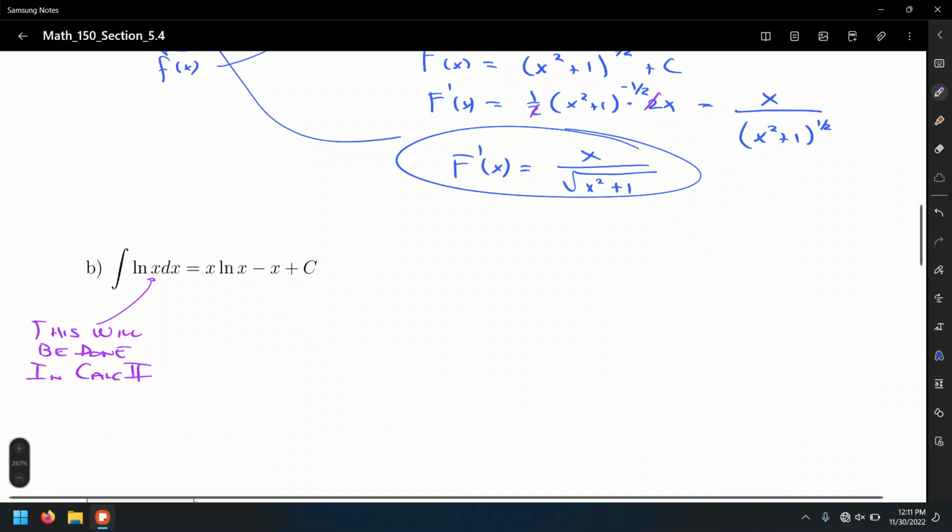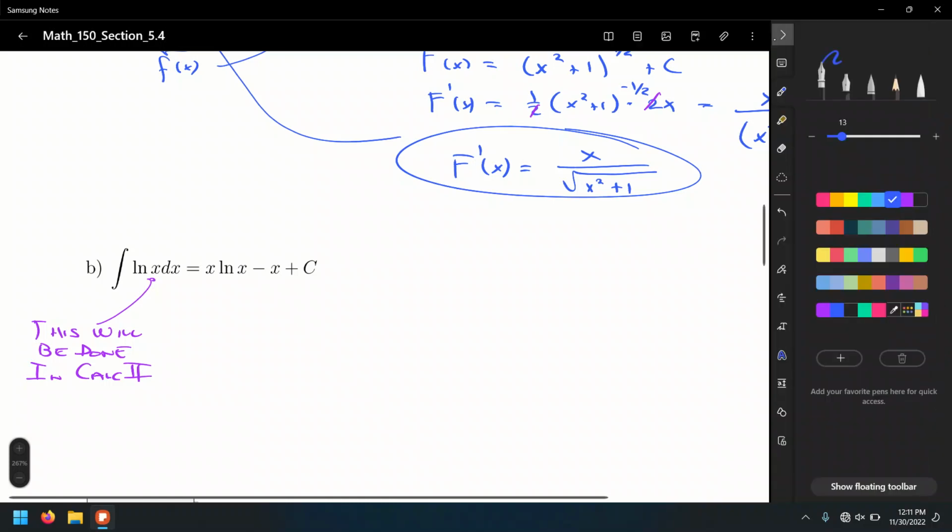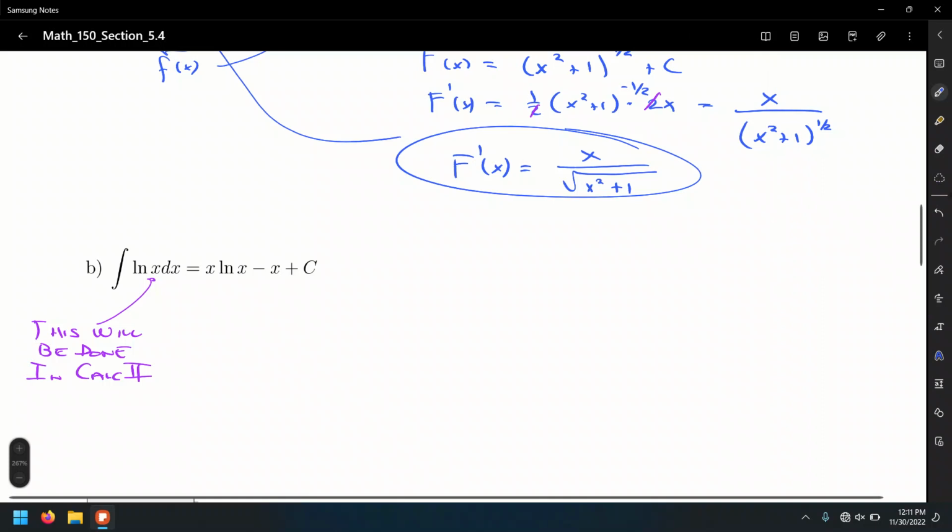So we're not going to finish this course with the necessary tools to integrate ln of x. We'll learn that in Calculus 2. You'll see. So again, let's set this as our big F. This is essentially our little f, and our little f is essentially the derivative of big F.